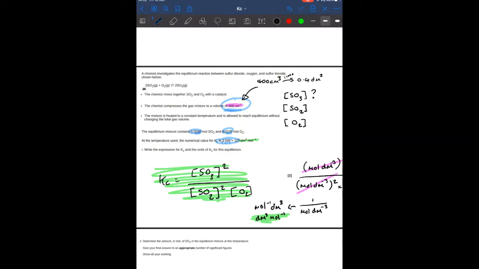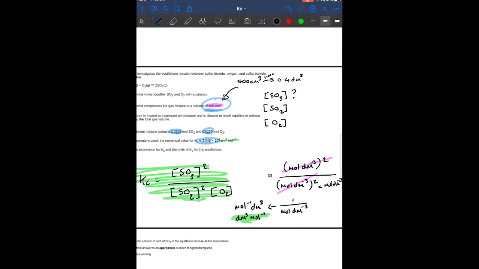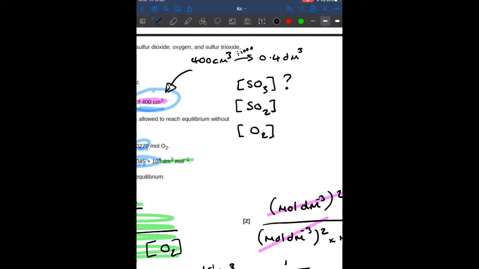So let's put that in. Equals 0.054 divided by 0.4 and equals 0.027 divided by 0.4.